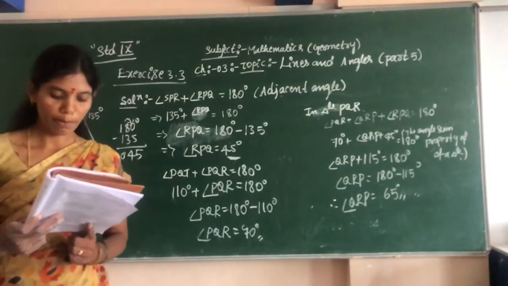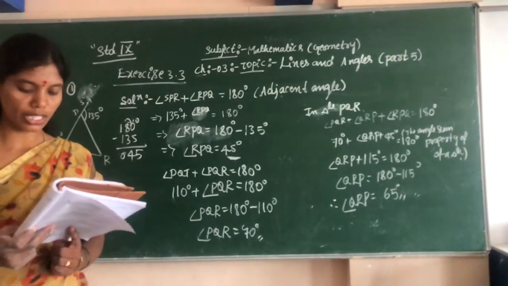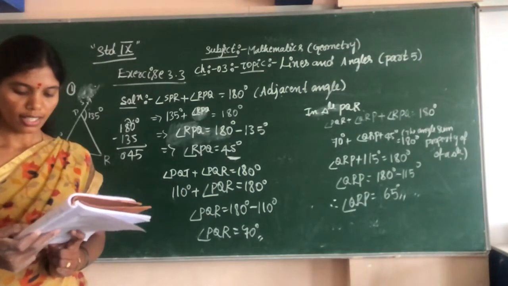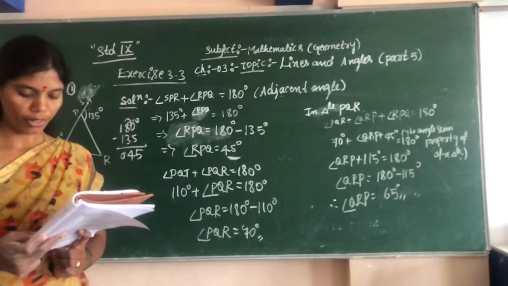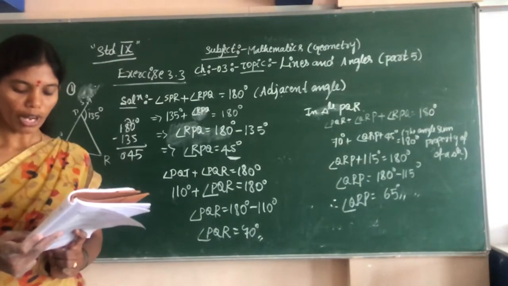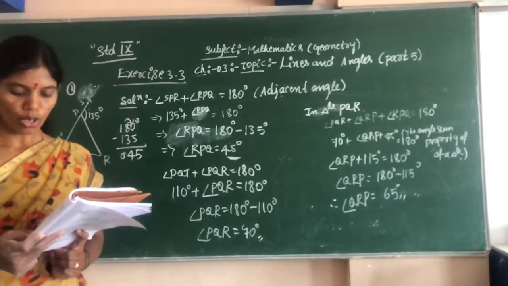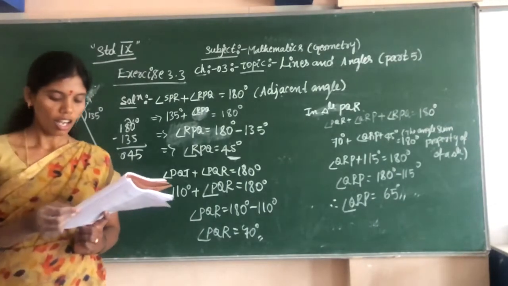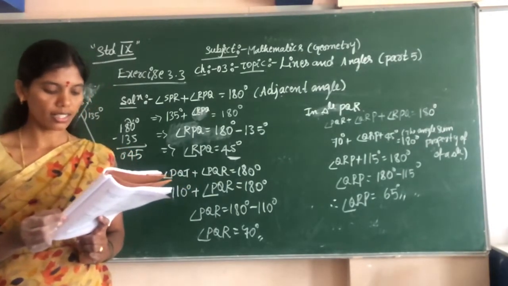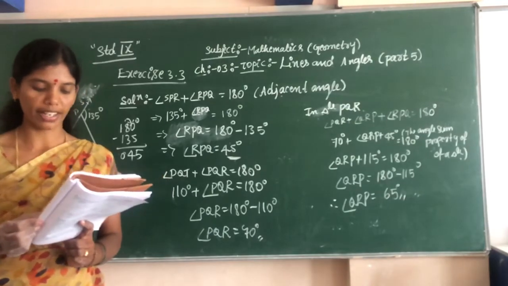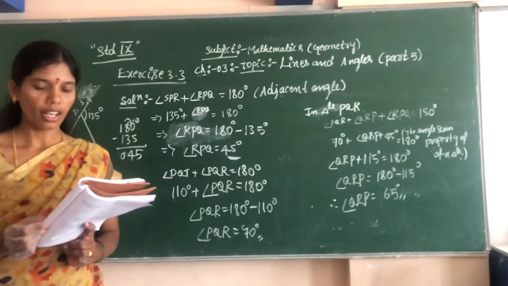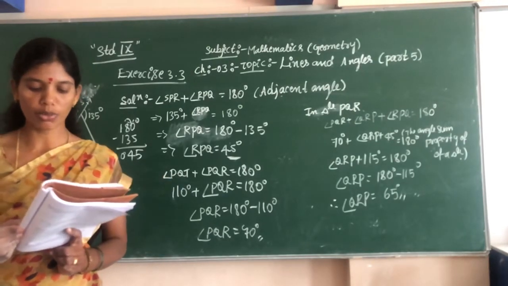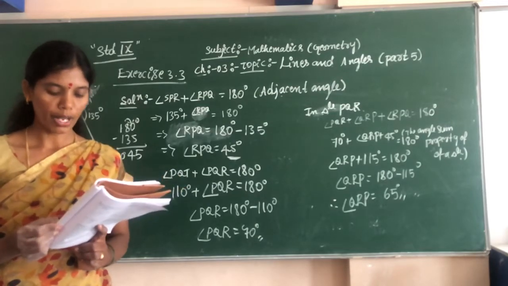In figure 3.40, angle X is equal to 62 degree, angle XYZ is equal to 54 degree. If YO and ZO are the bisectors, bisector means half, of angle XYZ and angle XZY respectively of triangle XYZ, find angle OZY and angle YOZ.